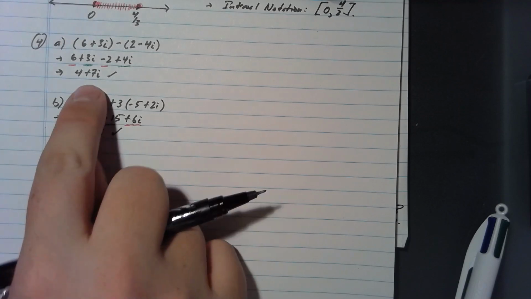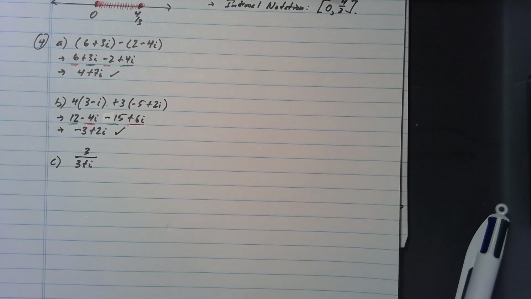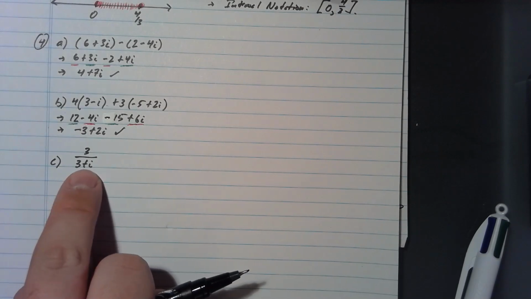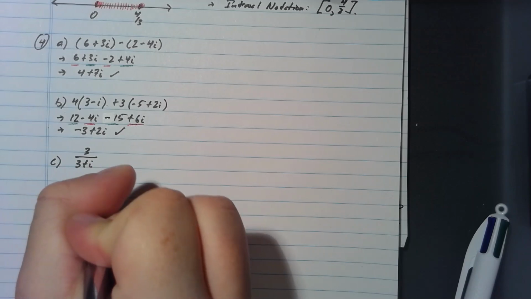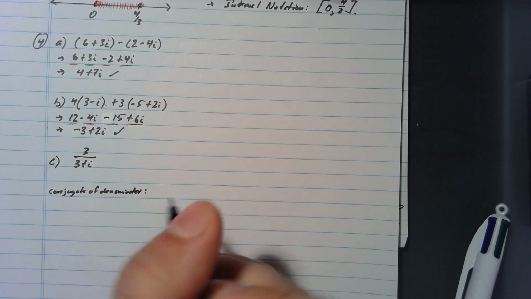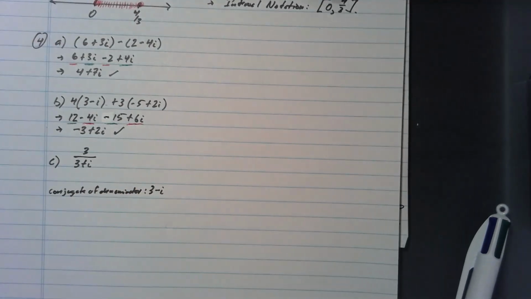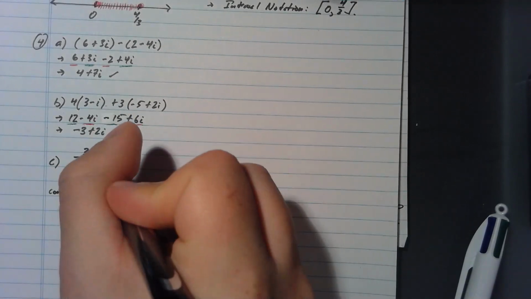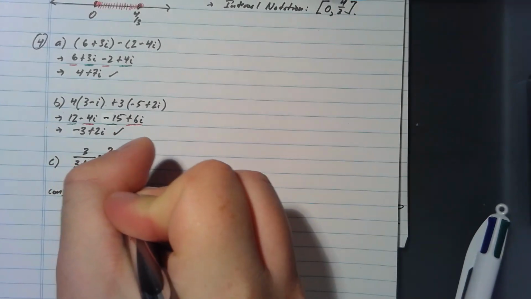We want to write it in standard form, and in order to do that, we have to multiply the fraction by the conjugate over the conjugate of the denominator. So the conjugate of the denominator is 3 minus i. So we got to multiply this fraction by 3 minus i over 3 minus i.